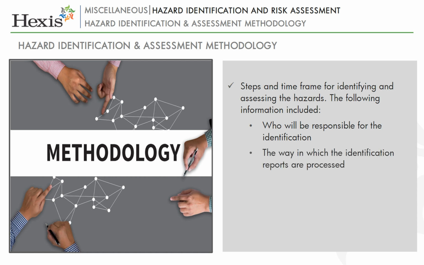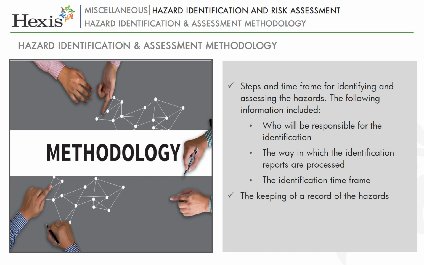The way in which the identification reports are processed. For example, they may be compiled and processed by the committee or by individuals appointed by the committee. The identification time frame. For example, the identification of hazards for Workshop A must be completed in December, for Workshop B in April, and for Workshop C in November.